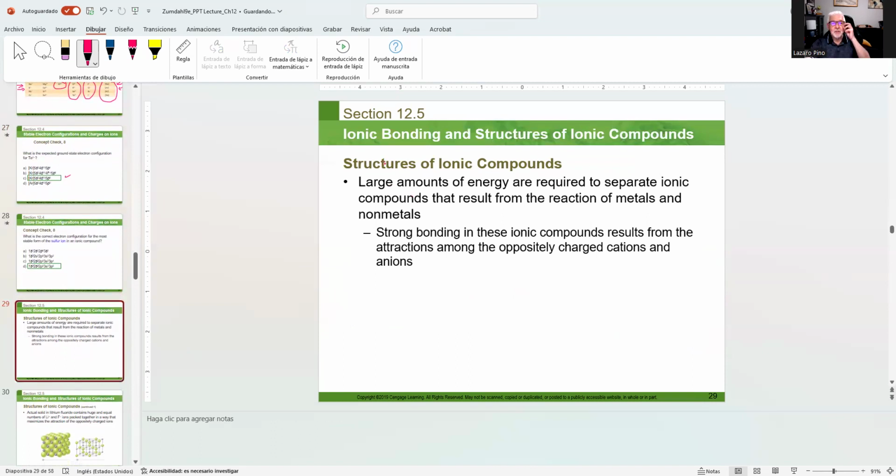Well, the structure of ionic compounds: large amounts of energy are required to separate ionic compounds because the attractions between the cation and the anion are electrostatic, and they are very, very strong.